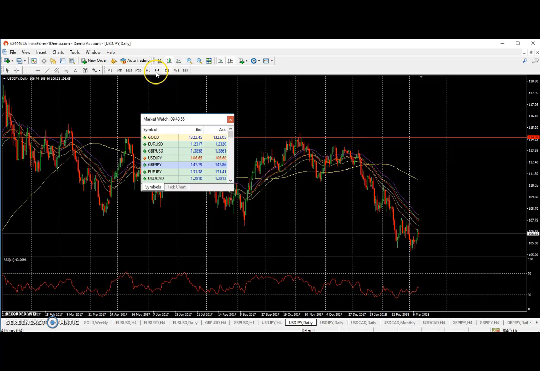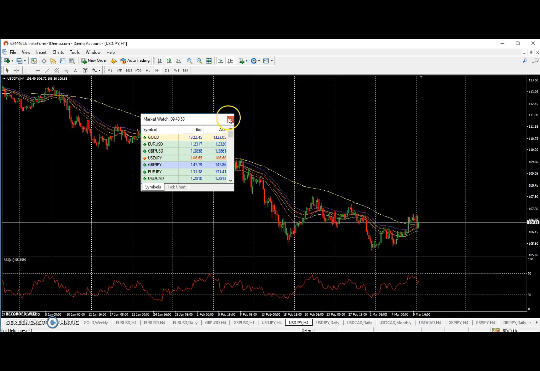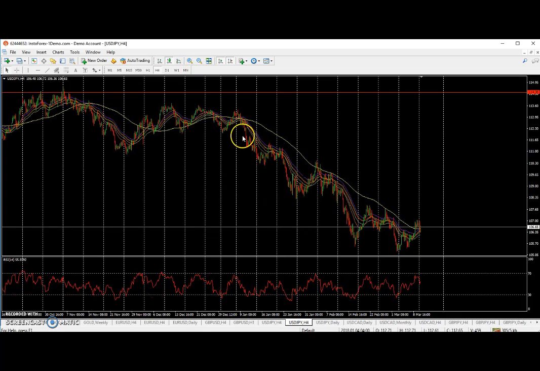Based on my moving average trade setup, we've seen that the pair has been forming a lower low continuously from the month of December 2017.